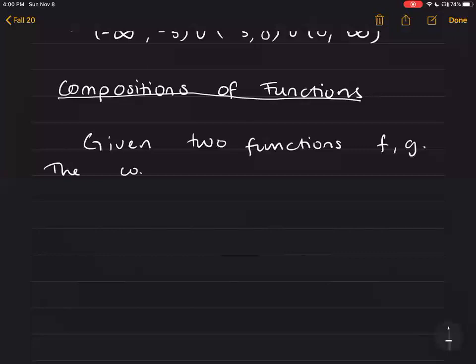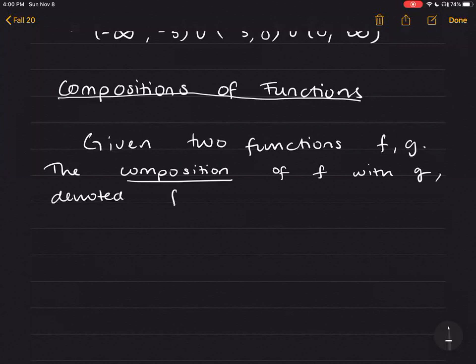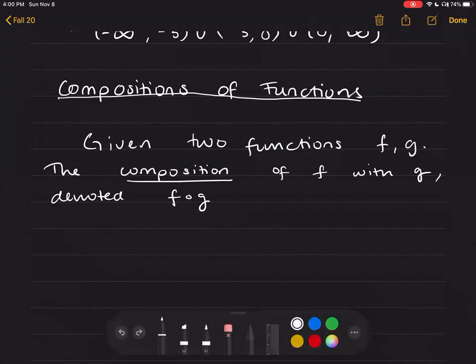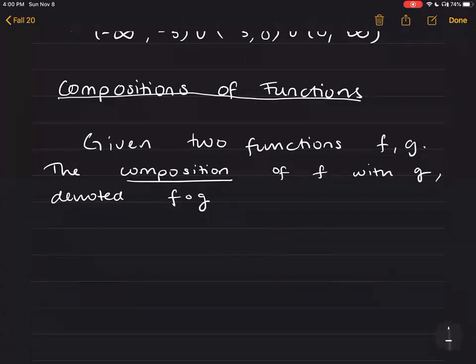The composition of f with g, denoted f circle g, like this. That's not really an O, it's a very tiny circle, like that, whereas an O would be that big. But some people, like me, are lazy and just call it O.